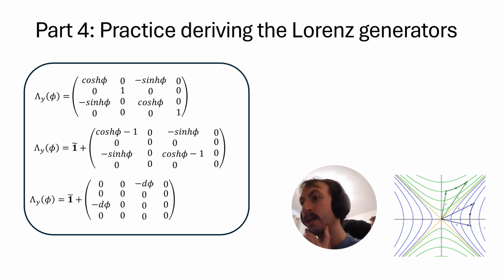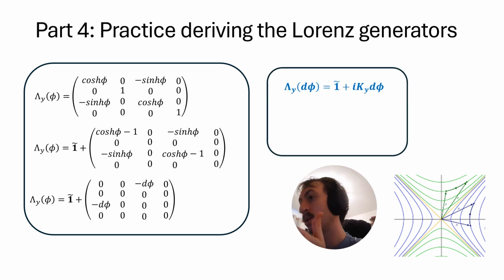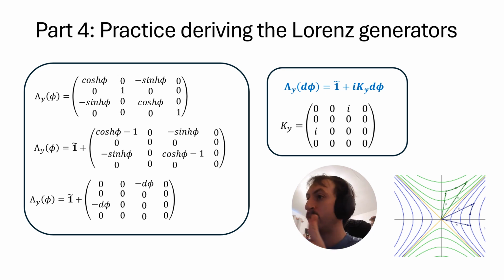And then we replace our macroscopic angle phi with our infinitesimal hyperbolic angle d phi to find our infinitesimal Lorentz boost along the y-axis. And then from the 4x4 matrix, we can get to the generator, which I called Ky, and Ky looks like this 4x4 matrix.